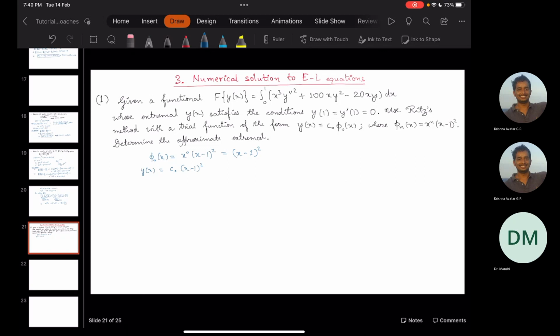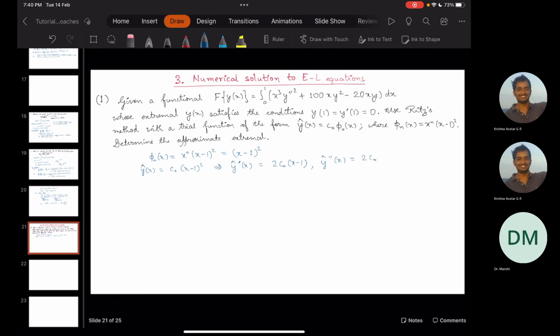Fine. So since we are approximating it, we'll just call it y hat. Okay, so let's take the first derivative, which is y hat prime is equal to 2 c naught (x minus 1), and y hat double prime with respect to x is 2 c naught.